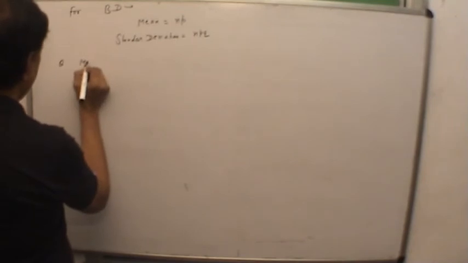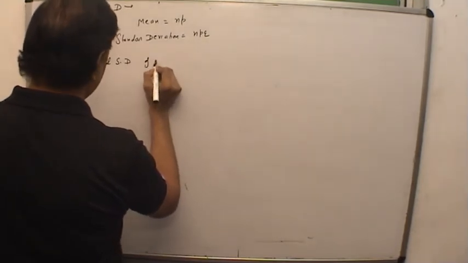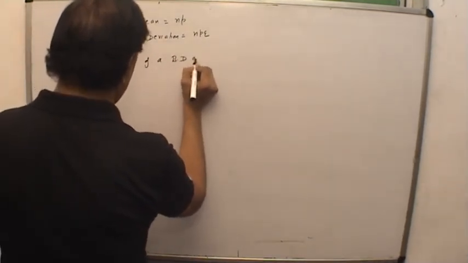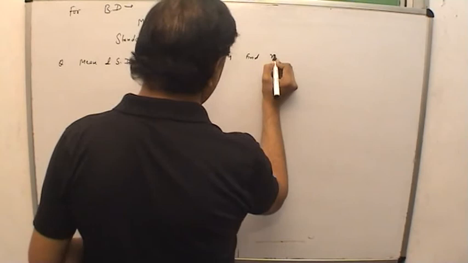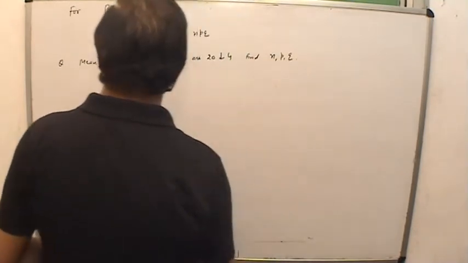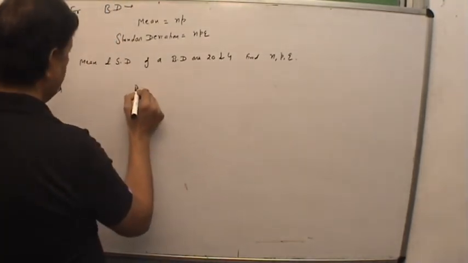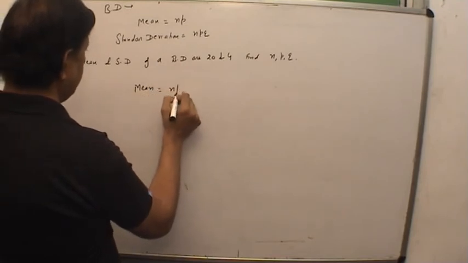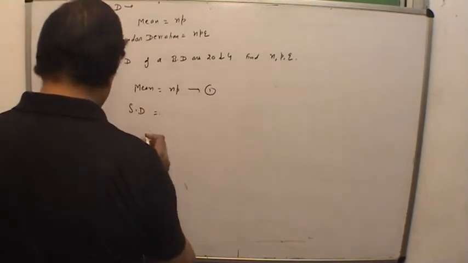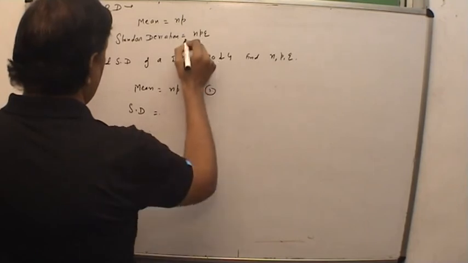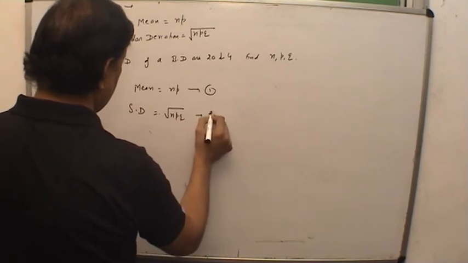Say the mean and standard deviation of a binomial distribution are 20 and 4. Find all the parameters n, p and q. Simple, we can use the above results. We are provided with the mean. Here mean is equal to n into p, take it number 1, and standard deviation is equal to under root npq, take it number 2.